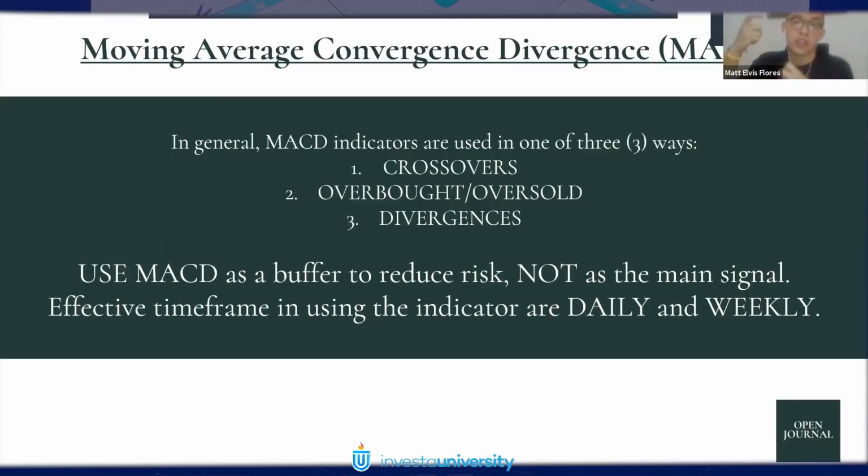So, yung conviction mo o yung bias mo na aakyat na siya is baka mawala. And also, bakit hindi rin siya ginagamit as a main signal for you to execute? Kasi if ever nagsa-sideways yung market, nagsa-sideways yung stock prices, yung MACD lines mo, nagsa-sideways lang siya, meaning nagko-coil lang siya ng ganyan.